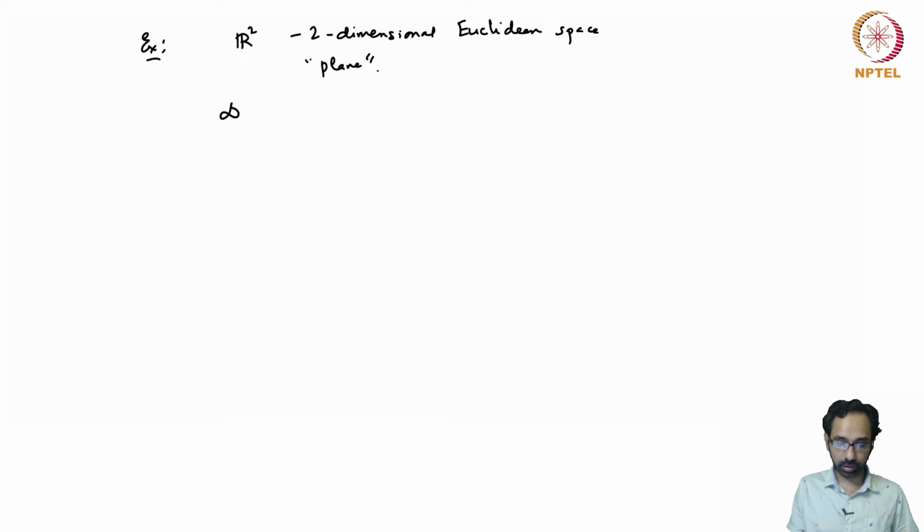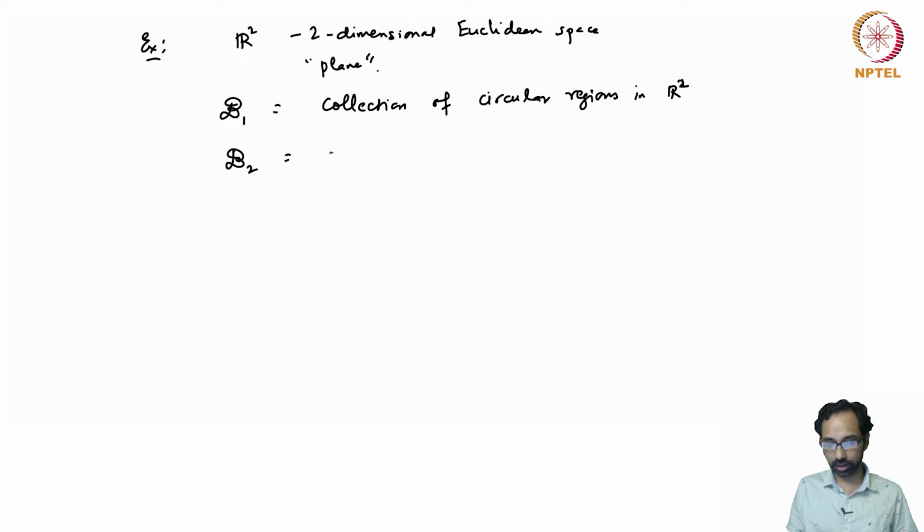Let me call B1 the collection of circular regions in R2, and B2 the collection of rectangular regions in R2.